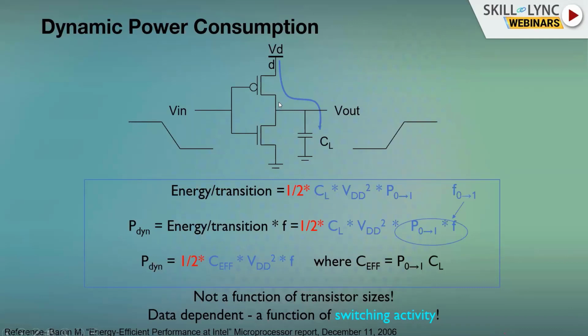That is also called crowbar current, and it will result in your internal power. That is also one of the key factors in your dynamic power consumption. Totally, our dynamic power is coming from the switching activity as well as the crowbar current.